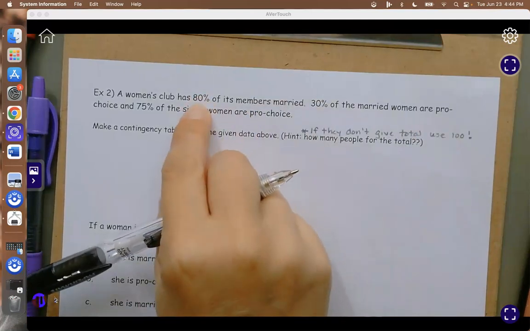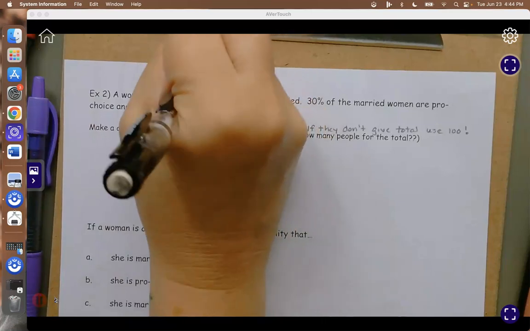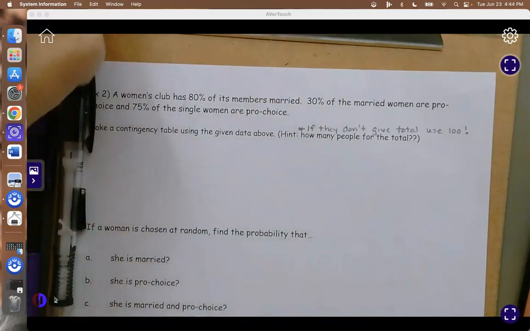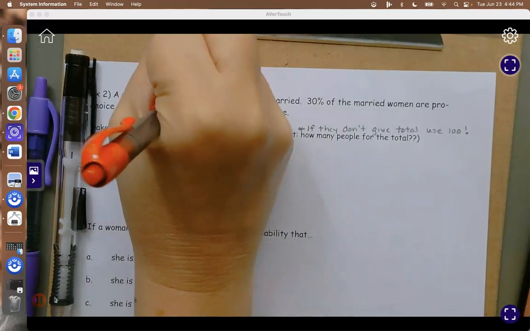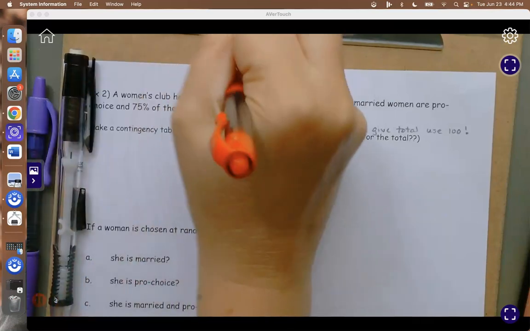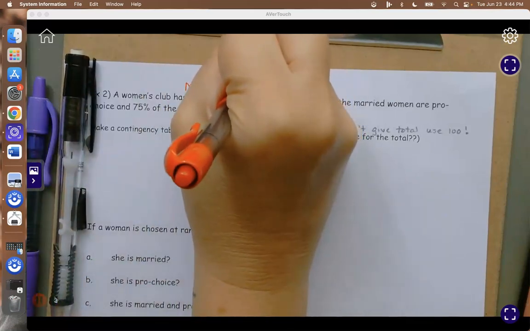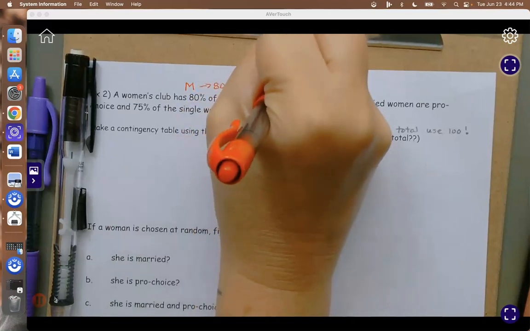So that means 80 out of 100. That makes your numbers a little easier. So this means that we can say that married, there's 80. So that means not married, there's 20.